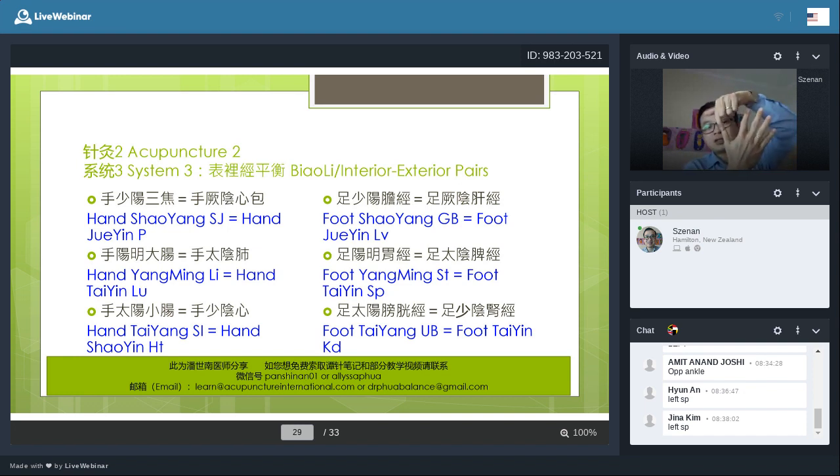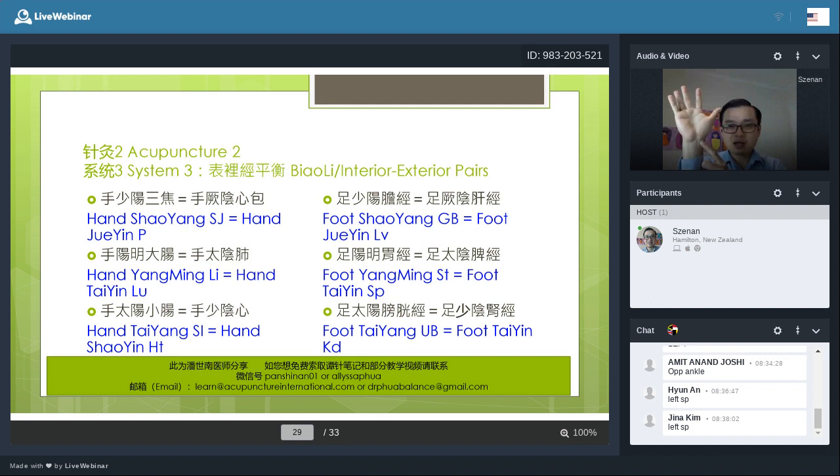Over here, the meridian closest to the thumb is 阳明, the large intestine meridian. It runs through here, 阳明. Over here, this is the lung meridian, 太阴.